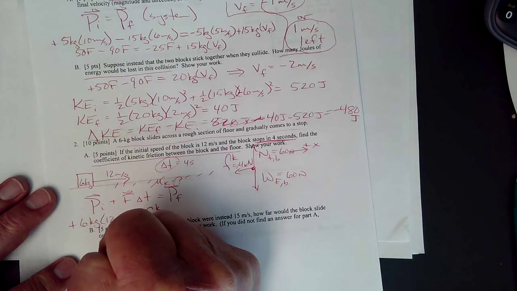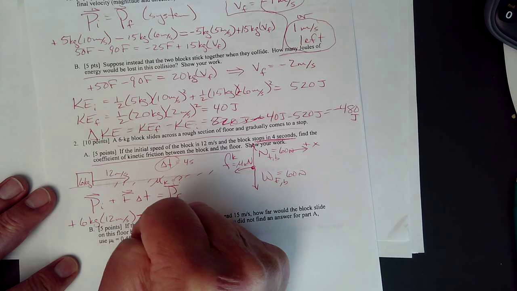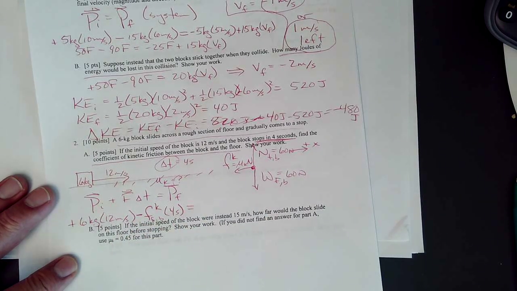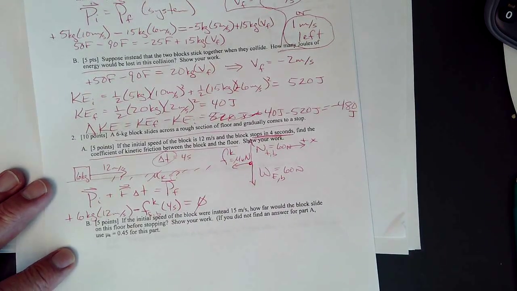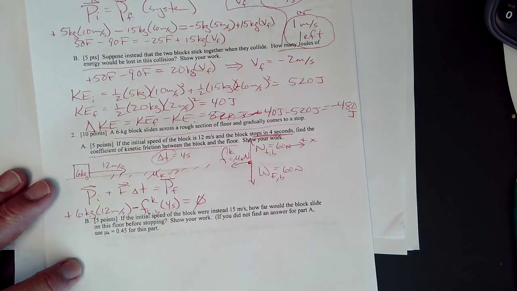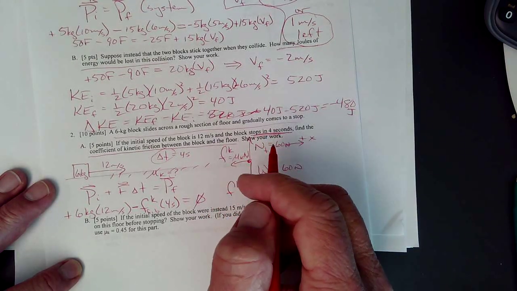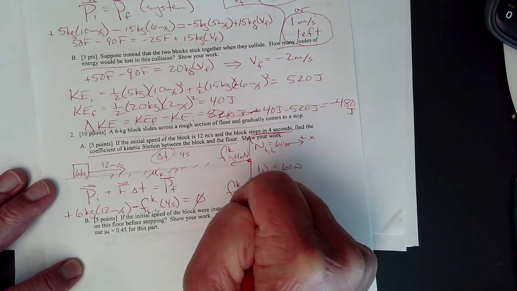So because it's pointing to the left, I can make that negative. My time is going to be 4 seconds. And when it comes to a halt, it has no momentum. Now, if I solve that for the friction force, I get that friction force is going to be 18 newtons.